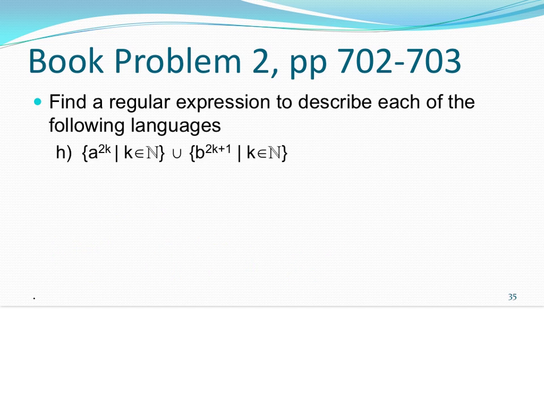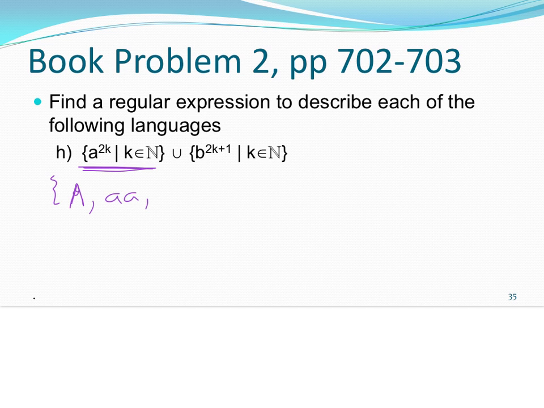So now it's getting even more interesting. What have we got here? We've got find a regular expression that describes the language. So what do we have here? We have A to the 2k. So what is that? Let's just make sure we know. I guess if k is 0, that would be lambda. And if k is 1, that would be AA.